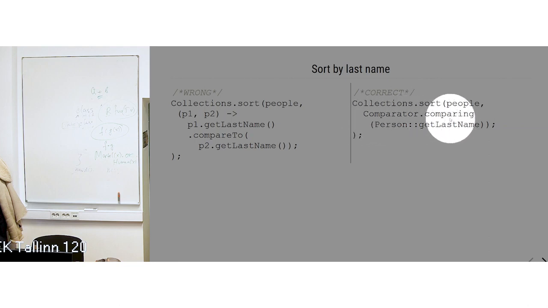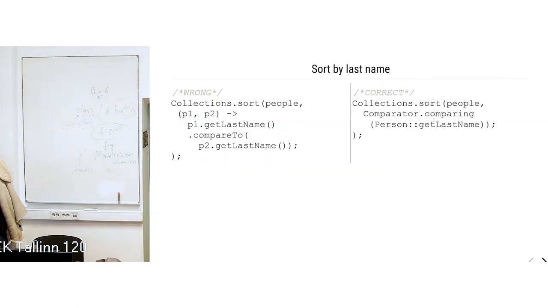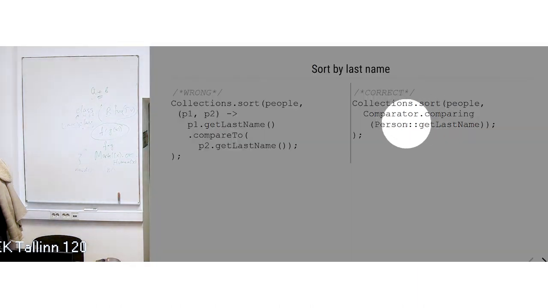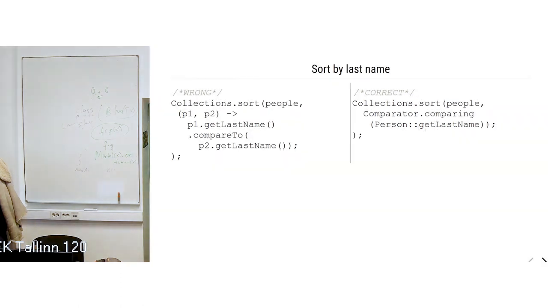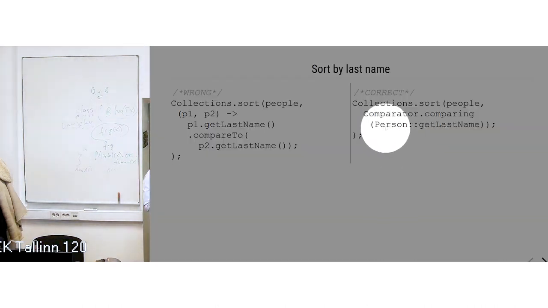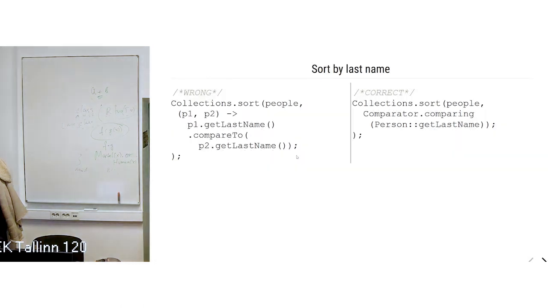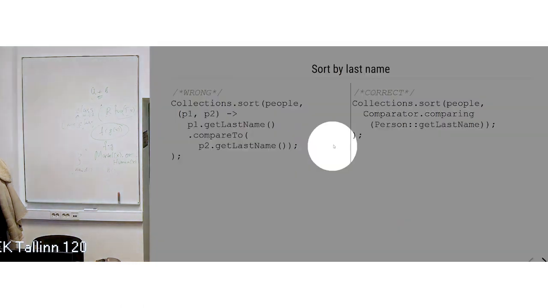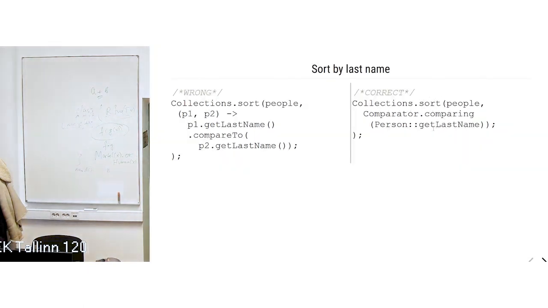This comparing expects some lambda expression inside, and it says, okay, just give me the method of extracting the thing that you are going to compare in your class. So this is that simple: Person getLastName. It's just the getter for the last name of the person, and you will have a comparator here. So you just use collection sort.